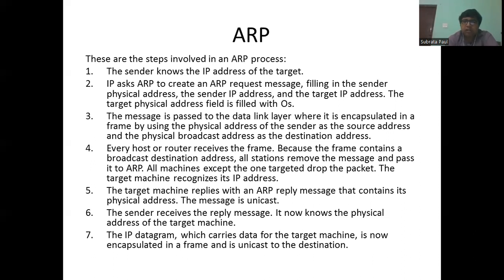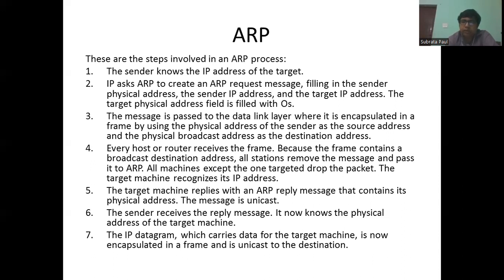All the stations except for the target one will remove the message and pass it on to ARP, and they will drop it because the IP address of the destination machine does not match theirs, so they drop the packet. Only the target machine recognizes its own IP address and accepts the packet.